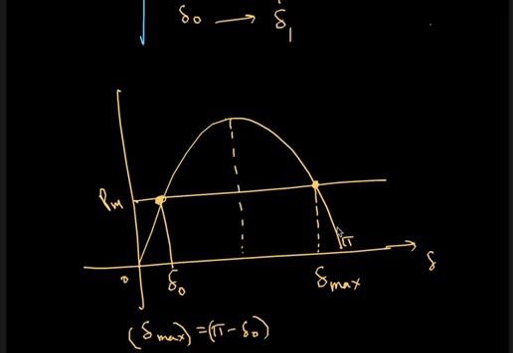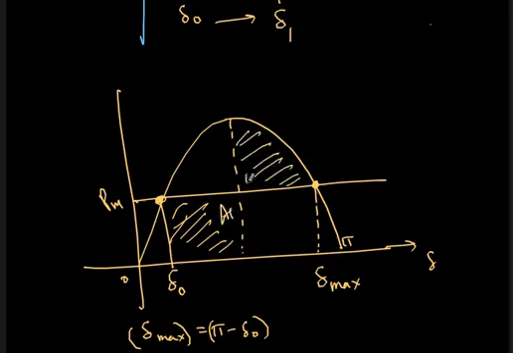So some critical angle that I would like to find out, such that A1 is equal to A2. What is delta C? This delta C is right now unknown. In the next video, we are going to find what delta C is. Thank you.